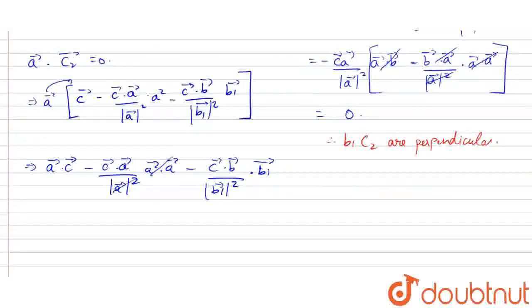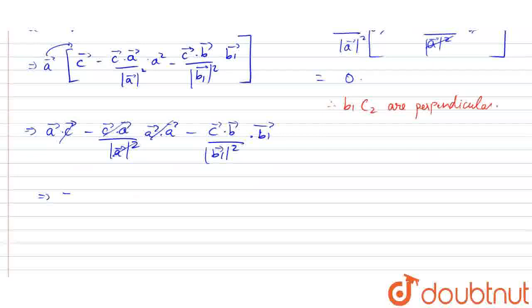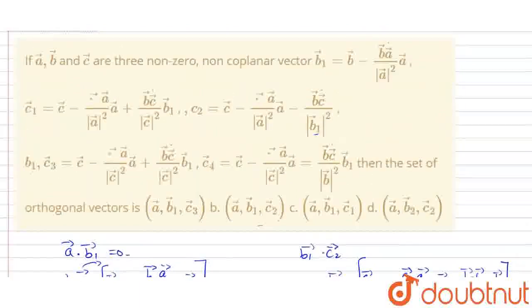Here a value cancels, and this value cancels. The remaining value I'm going to write here, students: minus c vector dot b1 vector divided by b1 vector the whole square into a dot b1 vector. I'm going to substitute b1 vector here.